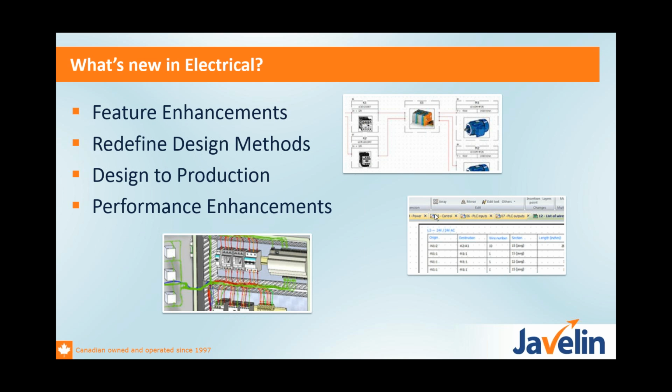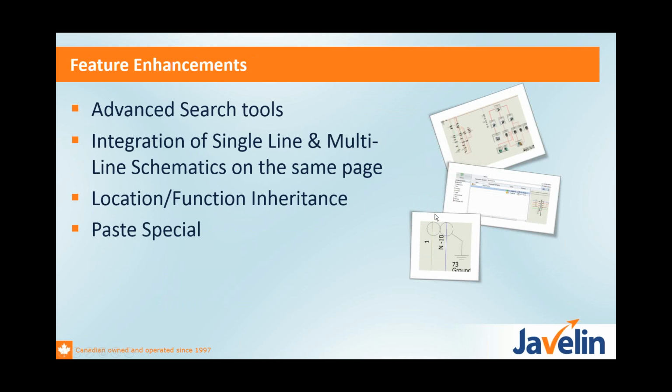So what kind of feature enhancements do we have? In 2014, they've added a couple of search tools that help you siphon through your projects, depending on how many projects you can work on simultaneously. You can look for your manufacturing parts, you can look for your components, your data.